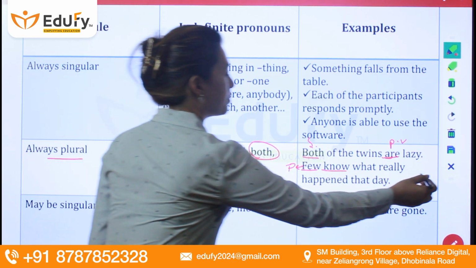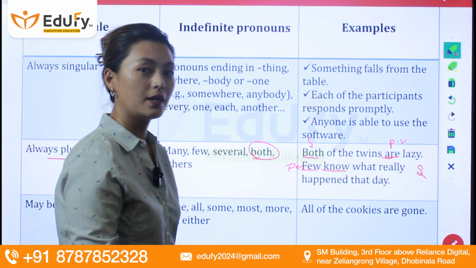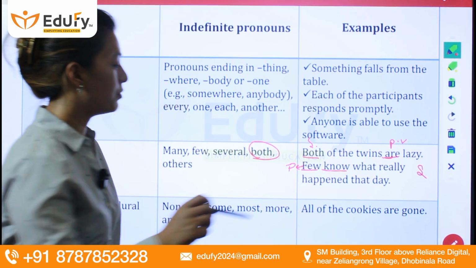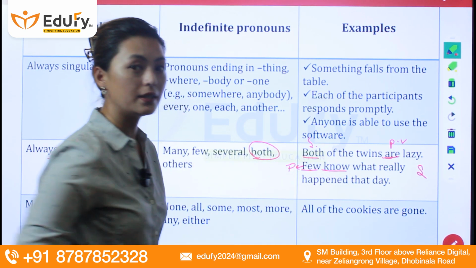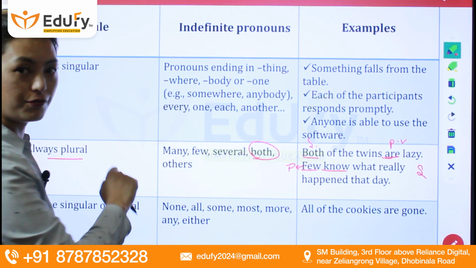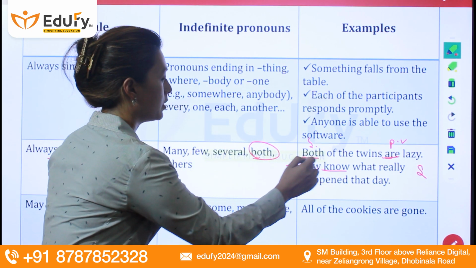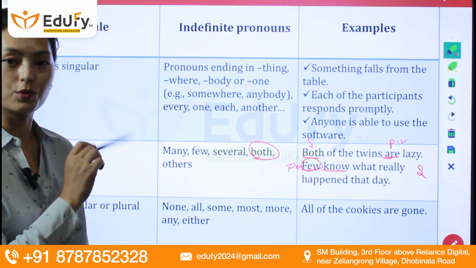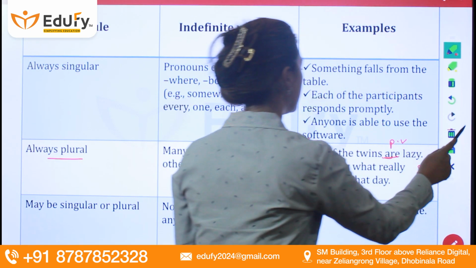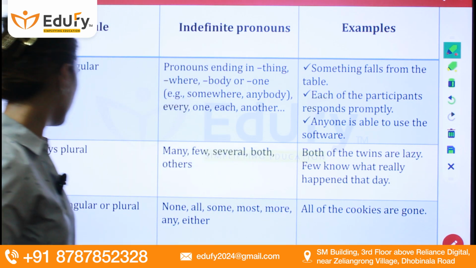A lot of times people use "few knows," which is incorrect. You will have to use "few know what really happened that day." Why? Because this is a plural verb following a plural pronoun.